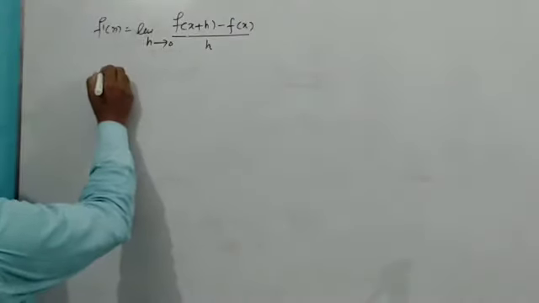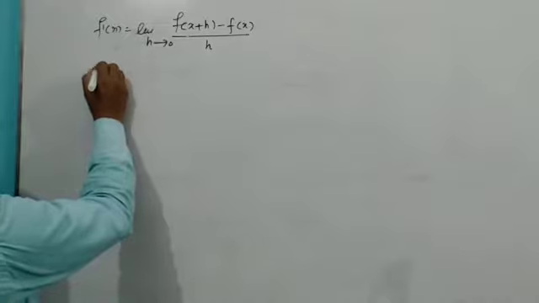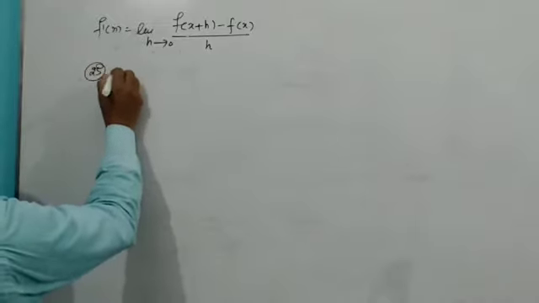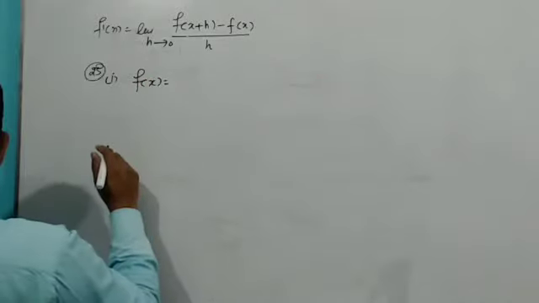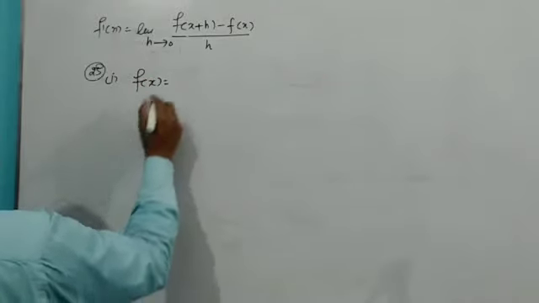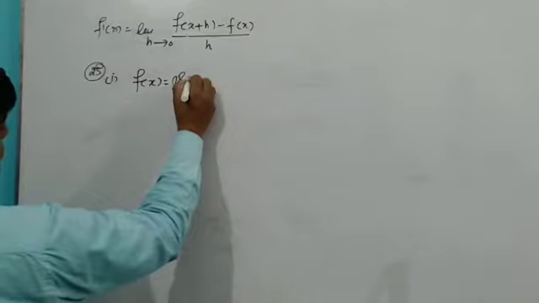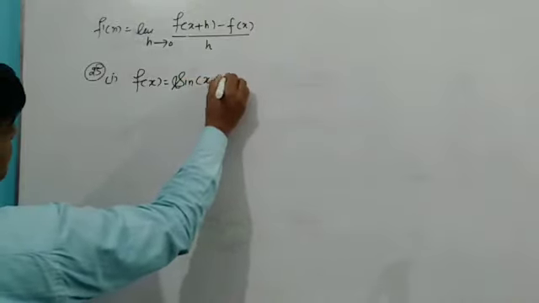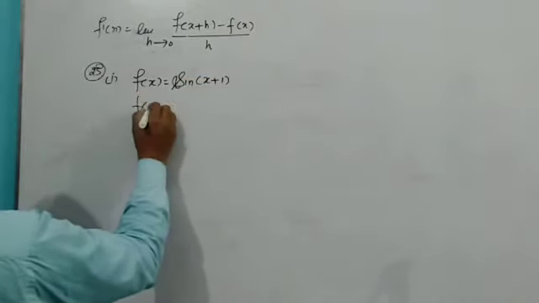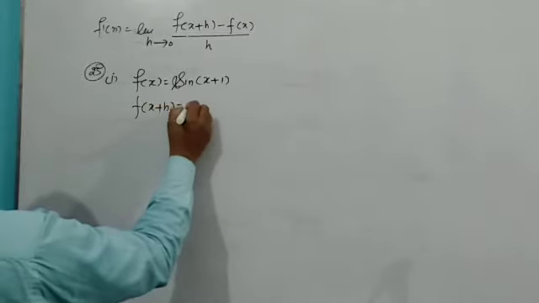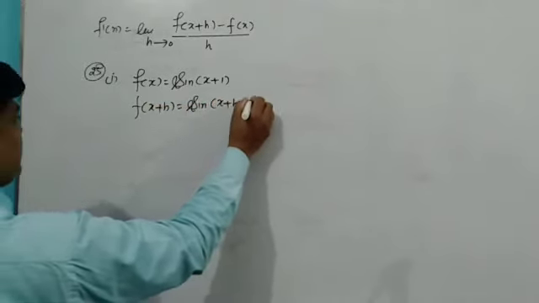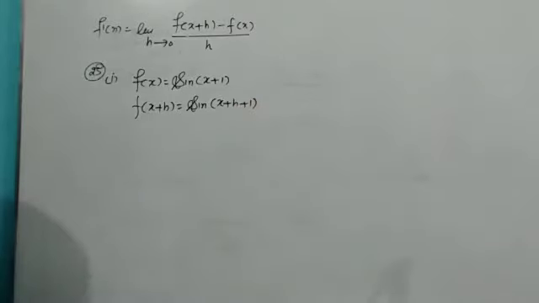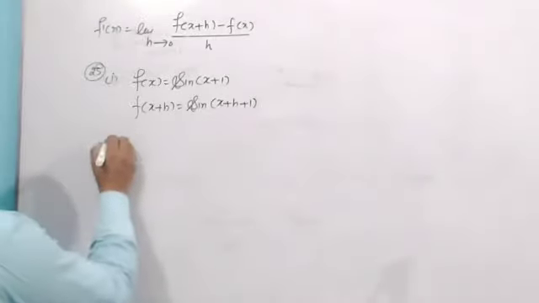Now here you can see, if I am talking about question number 25, first part, I am having f(x) is equal to sine x plus 1. This one I am having. So f(x plus h) will be written as sine of (x plus h plus 1). These two things are there. And now to differentiate it, what can I write?